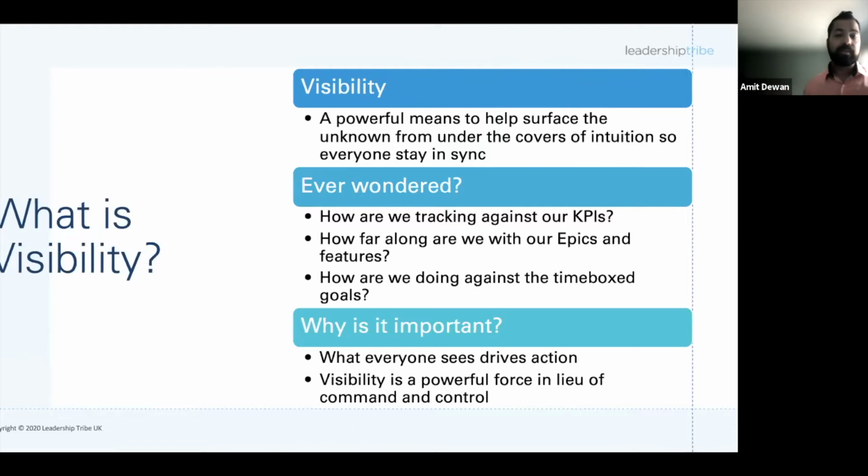So again, different ways to go about it, but I would highly support and recommend real-time dashboards as opposed to reports. You may come across executives who are used to PowerPoint decks, which is normal.